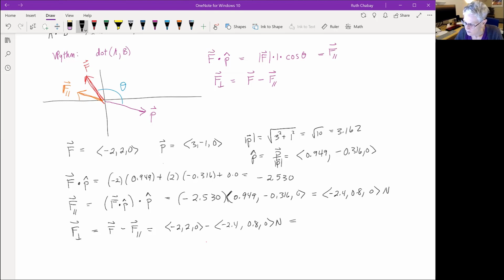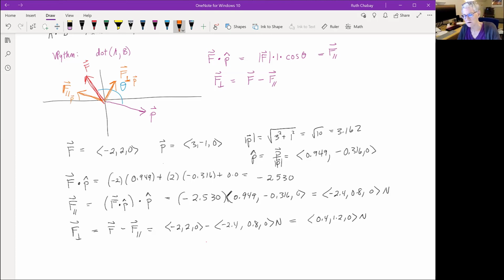So that's going to be equal to positive 0.4 because it's minus. So 0.4, 1.2, 0 newtons. And so it's both plus x. And so that would be the component of F perpendicular to the momentum.